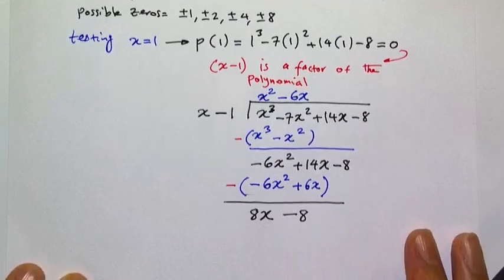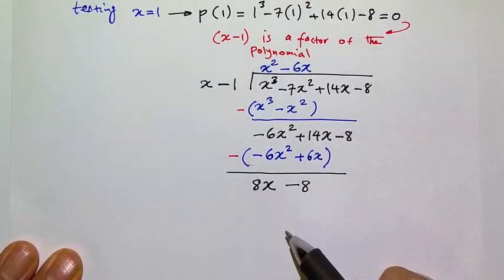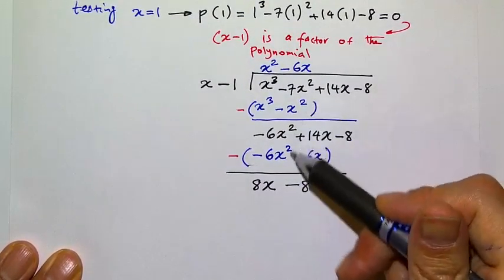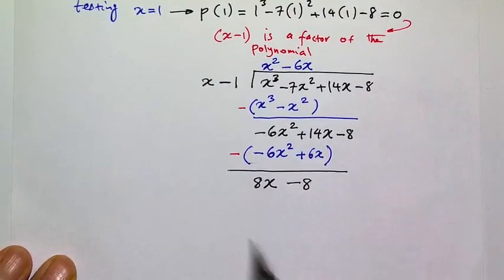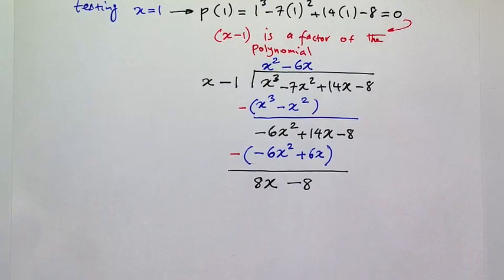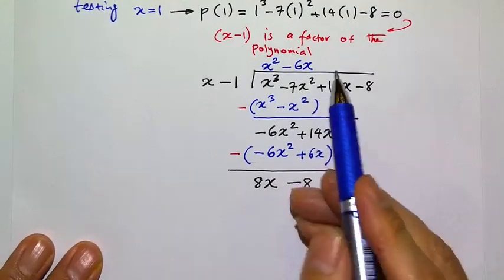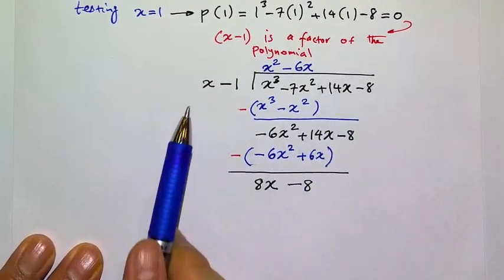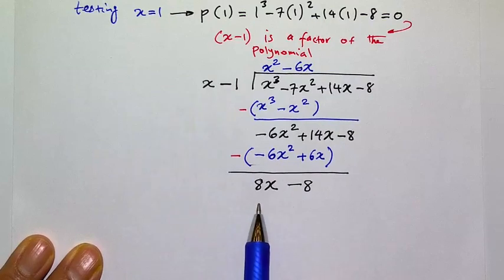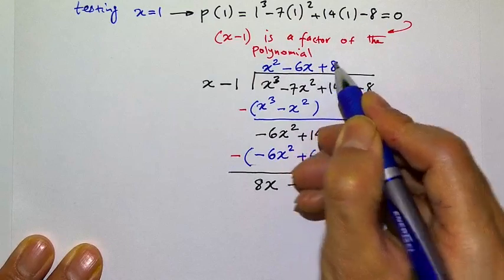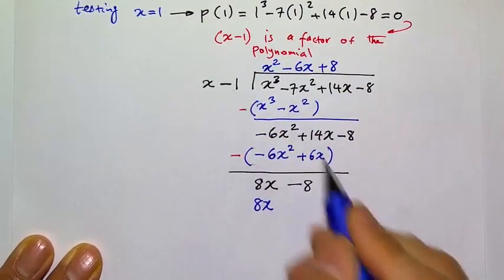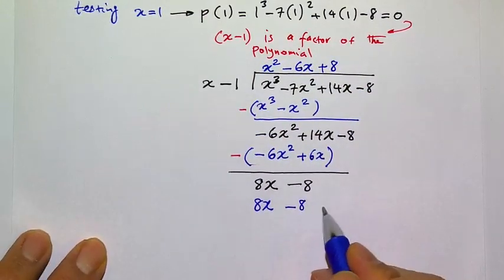So we know we're going to get a 0 remainder. And if we don't, that means we did something not correct in the middle of our calculation. But we expect to get 0. So if I put 8 up here, multiply it by x, I get positive 8x, which is what I want, right? So plus 8x minus 8.